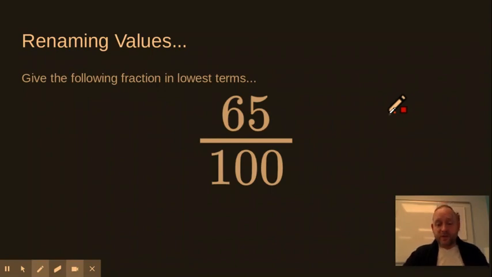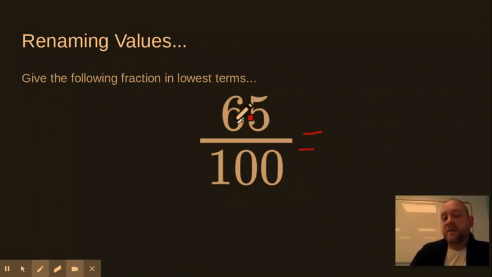All right, so hopefully you took a chance to try this. We just need to think through our factors of 65 and 100. Anytime we get a factor that we have in common, we can use that number to divide both by the same thing. Keep working down until we can't go any further. So anytime I see a 5 or a 0 on the end of two numbers, first thing I can think of is these numbers are both divisible by 5.